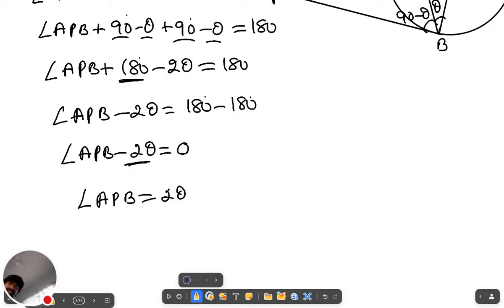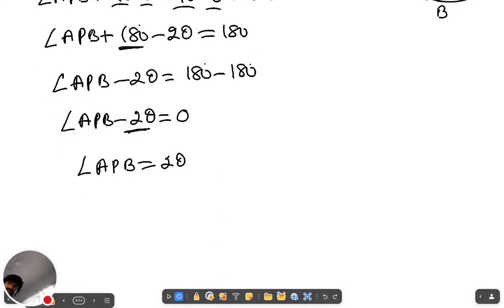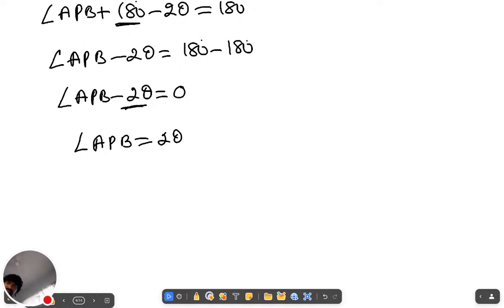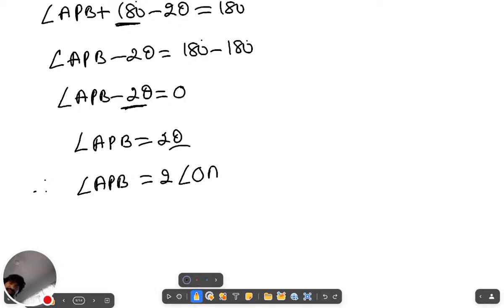So we know that theta is the angle at A in triangle OAB. So what you can write, therefore angle APB is 2 times theta, which means twice the angle at A, angle OAB.